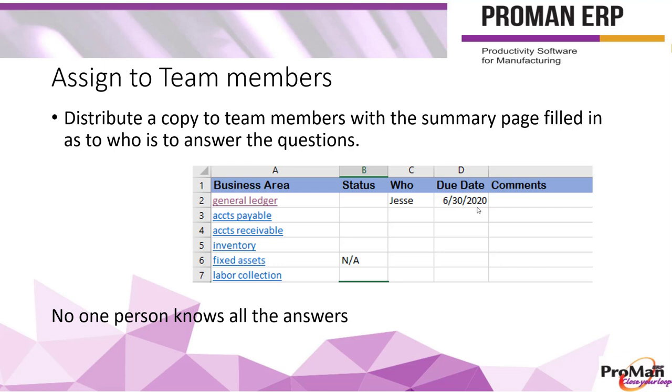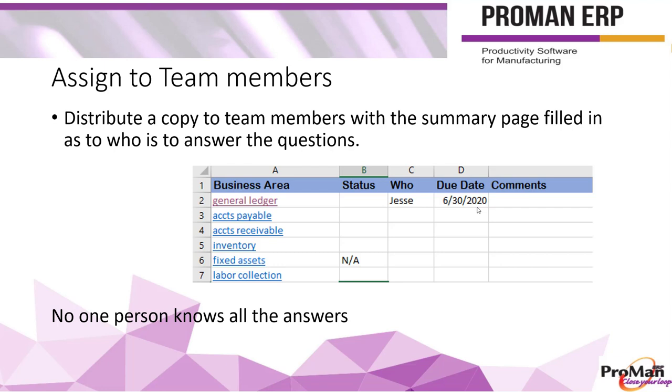Part of this selection process should be putting due dates on each one of those 10 stages of the selection process so that this doesn't linger on forever. And so we want to sit down and have some dates for all of these people, and realize that sometimes Jesse might come back and say, hey, listen, Tony's got to give us feedback for a couple of these items because I don't know what they are, even though they're in this category.